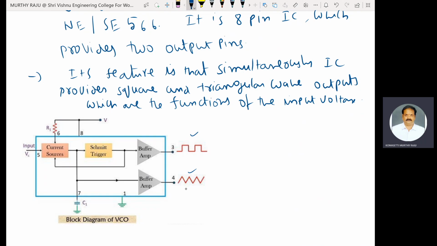The frequency of oscillations can be controlled by the input voltage Vc. The frequency of oscillation is determined by the external resistor R1, capacitor C1, and the voltage Vc applied to the control terminal. An important point here is related to the block diagram: the frequency of oscillation.